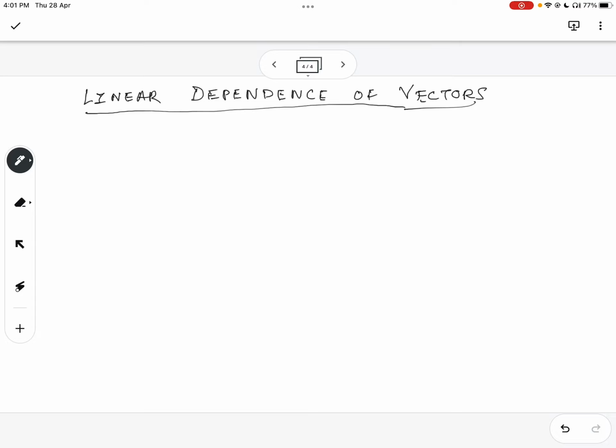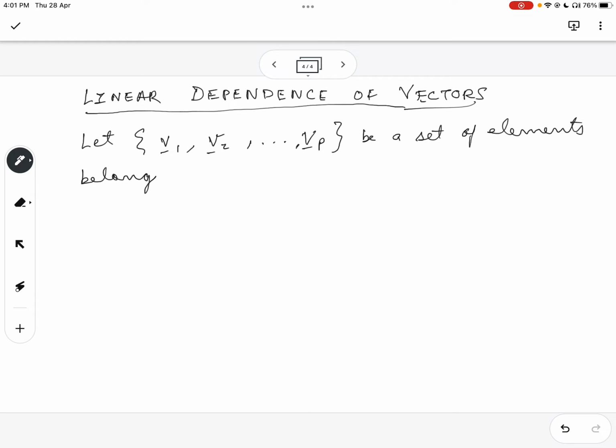First we will look at linear independence. So let v1, v2 to vp, a set of p vectors, be a set of elements belonging to V.